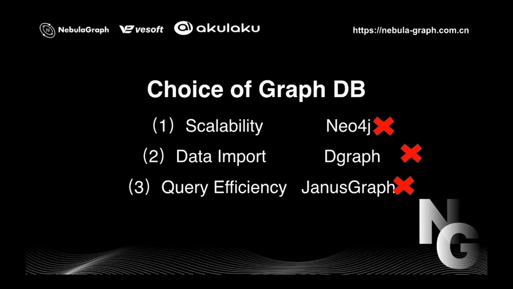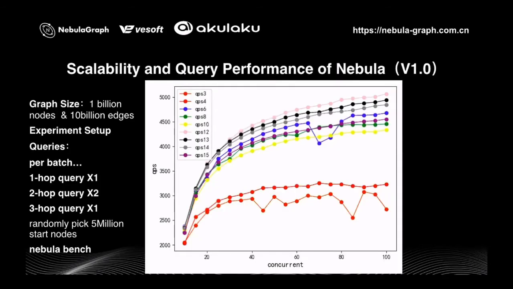And because of that, after some experiments, all three databases failed, and we came to Nebula Graph. Because of what we had suffered before in all those databases, we decided to have a complete test on Nebula Graph. We didn't have too much trust then.